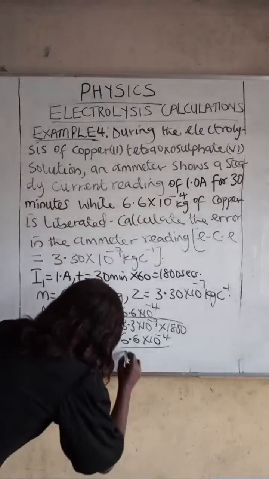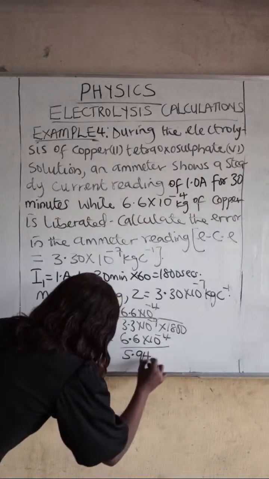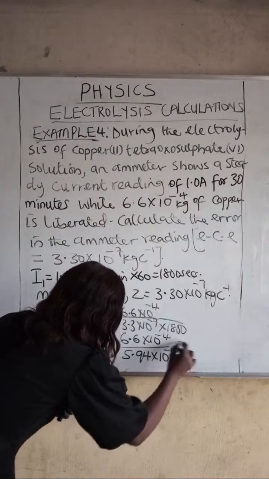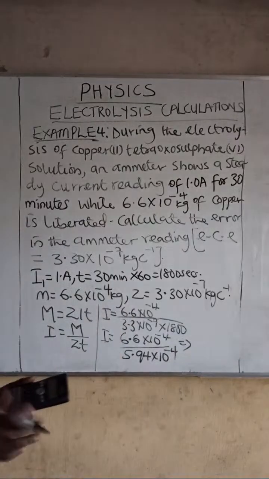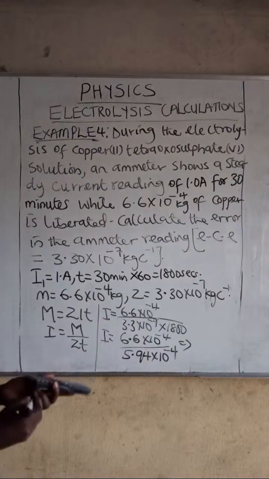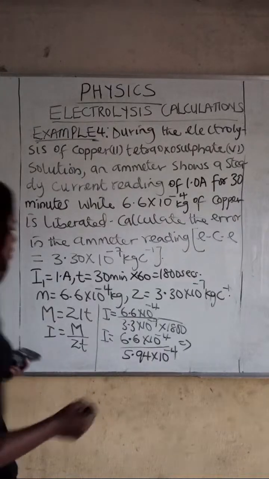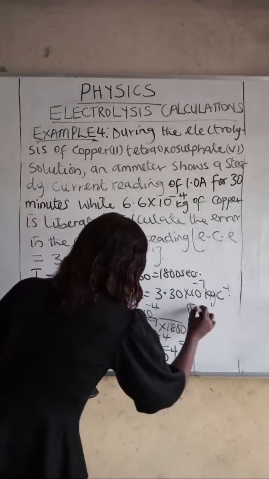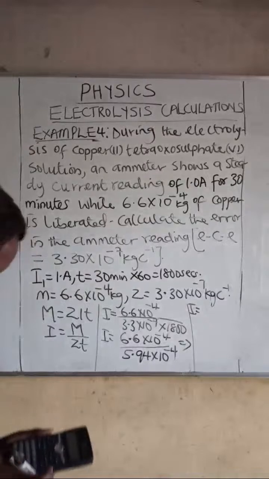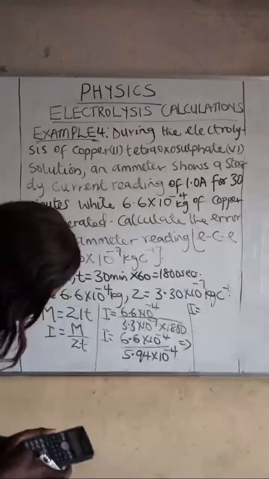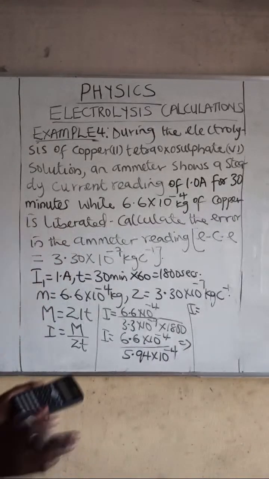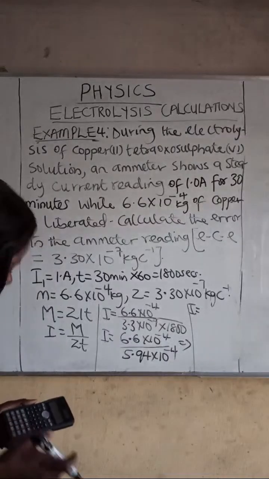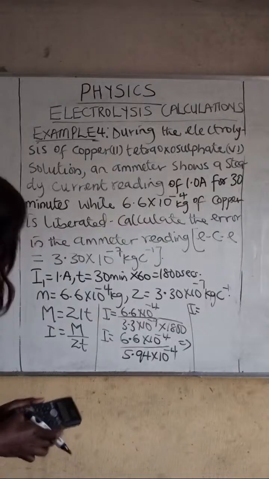So I'm going to have 5.94 times 10 raised to the power of minus 4, right? So what I'm going to do now is to divide to get the answer of the current. So let me divide 6.6 exponent minus 4 divided by 5.94 exponent minus 4.